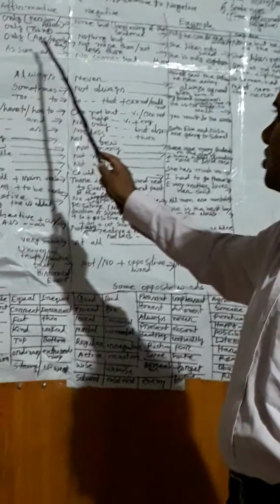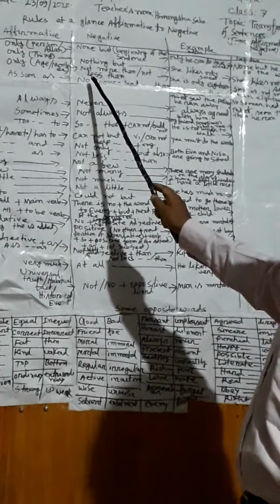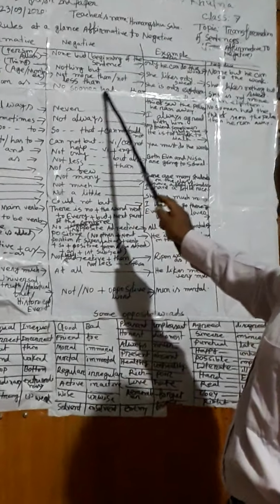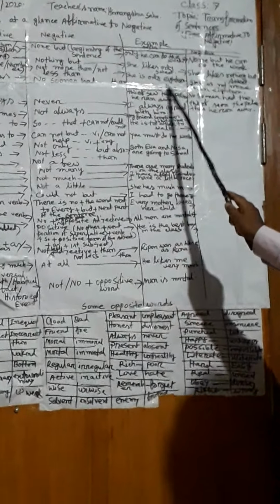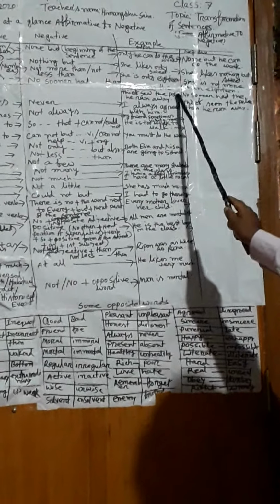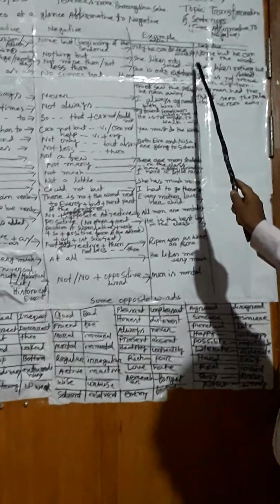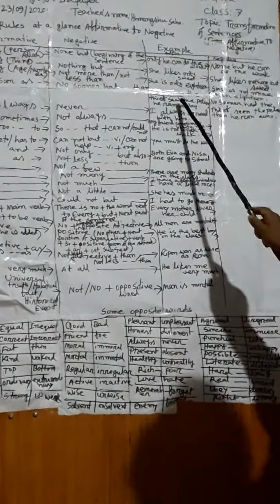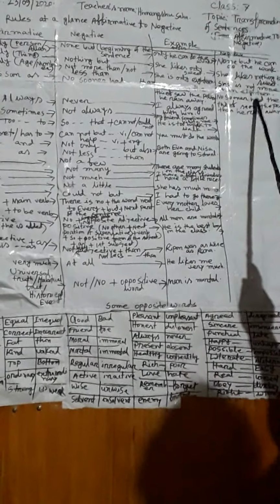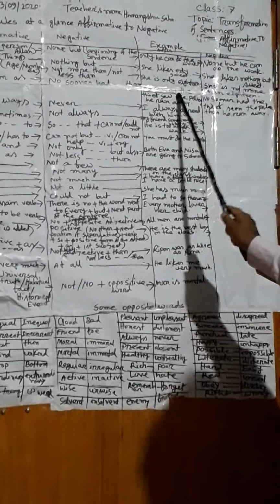Next, as soon as. You have to use in a negative sentence no sooner had dot dot than. For example, "As soon as the thief saw the police, he ran away." And the negative one will be: you have to use at first no sooner had instead of as soon as.